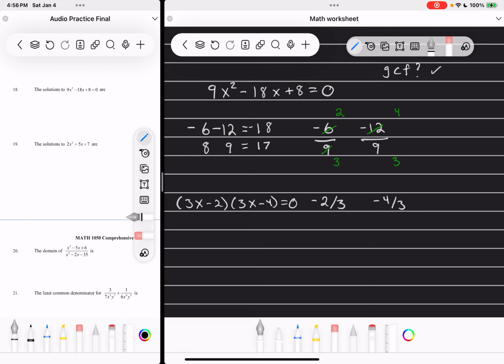So we would say, okay, 3x minus 2 equals 0, 3x minus 4 equals 0. And then solve them separately, moving the 2 to the other side, the 4 to the other side. 3x is 2, 3x is 4, divide by 3, divide by 3. And we would say that x is equal to 2/3 or 4/3.